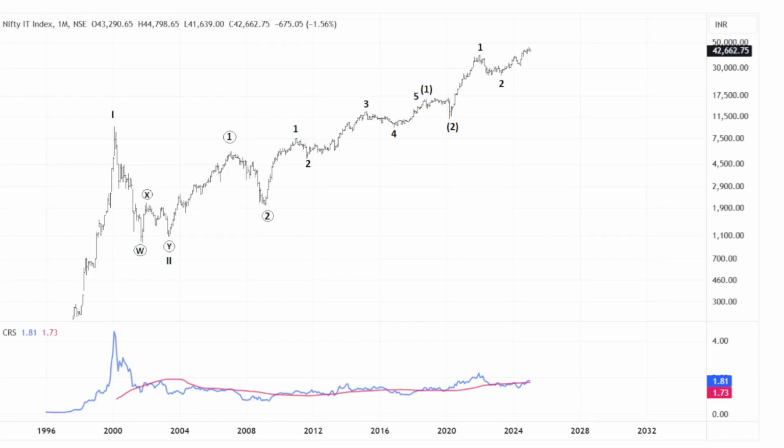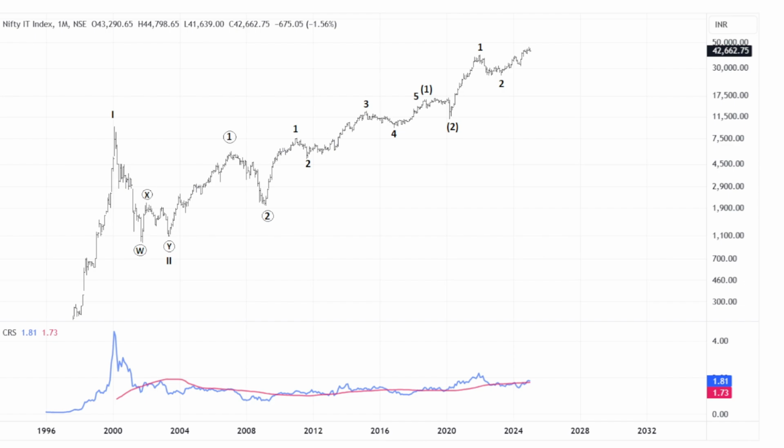Examining the Nifty sectoral IT index, we see that the 1990 high was cycle wave 1, the 2003 low was cycle wave 2, and thereafter we have traced out primary wave 1 high and primary wave 2 low in 2007 and 2008 respectively. From there on, we are in primary wave 3, of which we have so far finished the first intermediate wave, which was an impulsive wave, and intermediate wave 2, which was a flat.